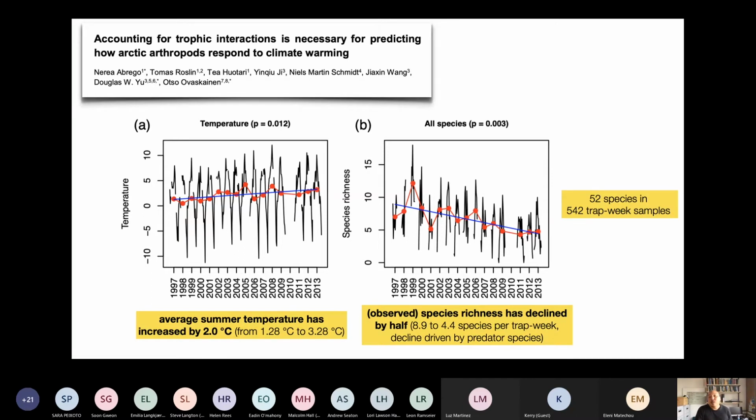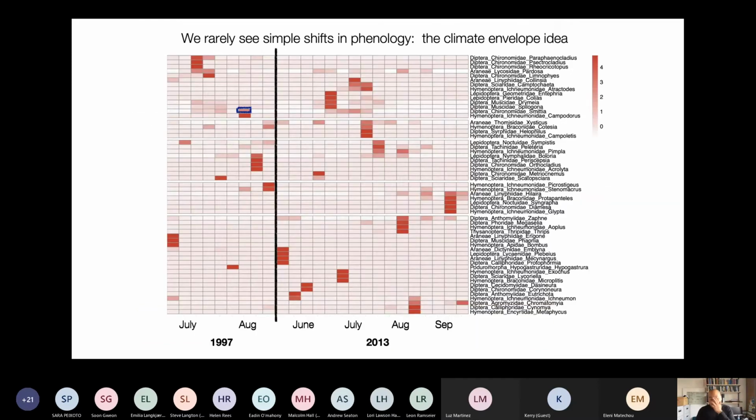And so we'd like to know why, right? What is governing all this change? And if we go back into that data set, the correlative approach, that simple sort of move the climate envelope approach, would do something like this. Here's a species, that blue square, and it's got a biomass peak, an activity peak in early August.